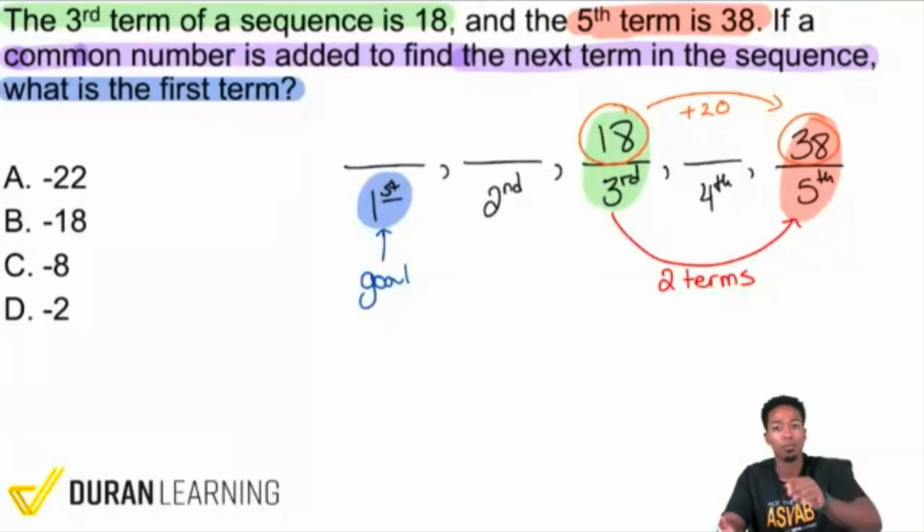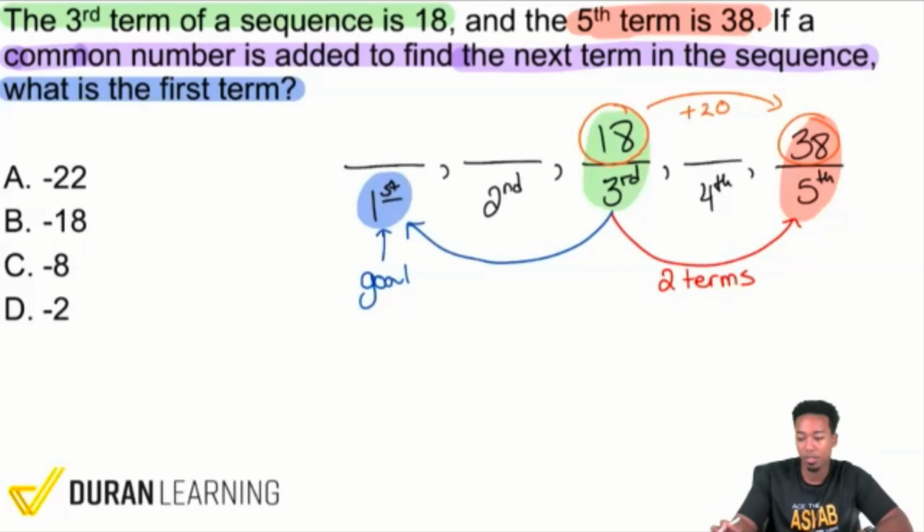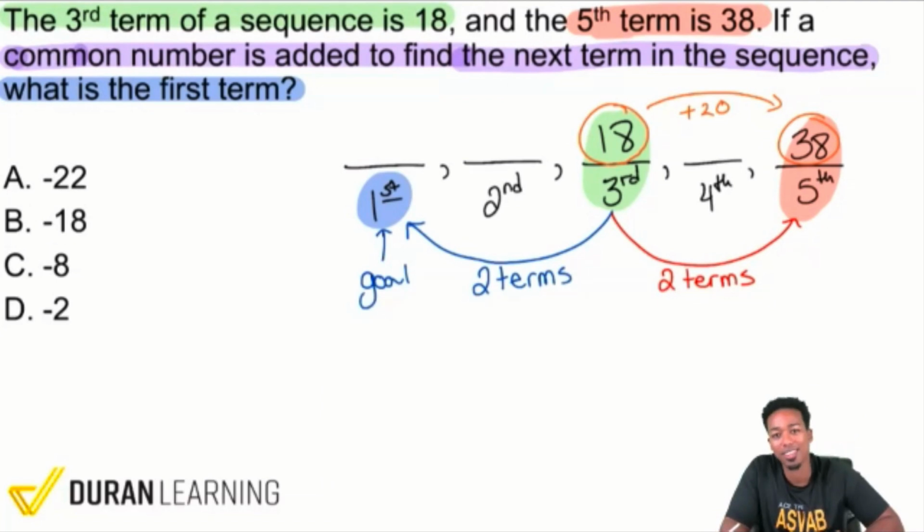Because everybody, how many terms backwards do you have to jump to go from the third to the first? You're going back 2 terms. Everybody pay attention here.